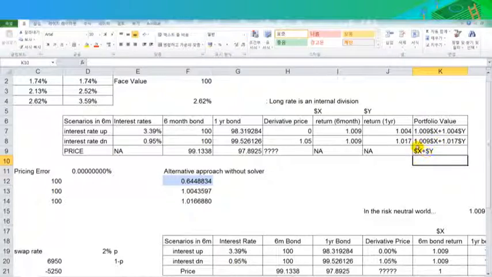So this is the portfolio value. Okay. So in the end, this one and this one should be exactly the same because they generate the same one. So anyway, our goal is to find an X and Y to make this one and this one the same, and this one and this one the same.